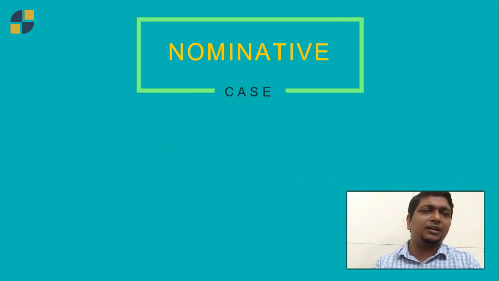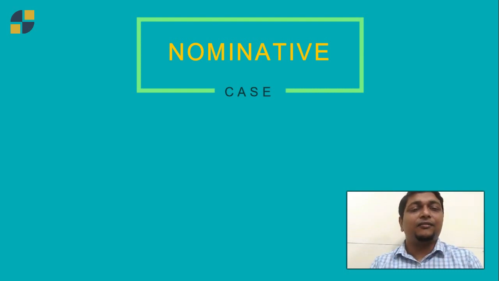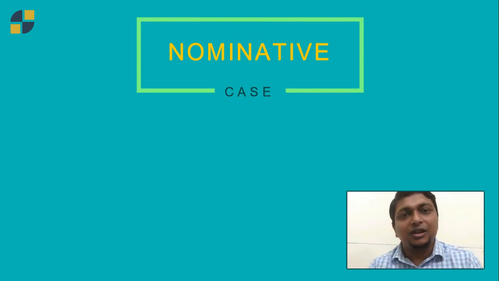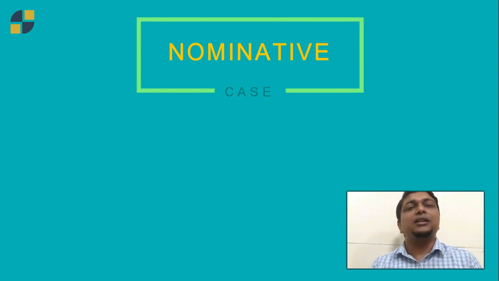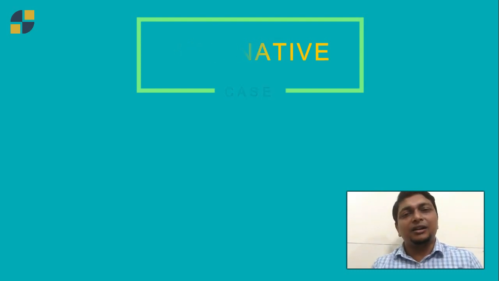That's one of the tips that I want to give you, so that you can find it easy to identify the nominative case or the subject of the sentence when you are translating a Greek sentence into an English sentence.